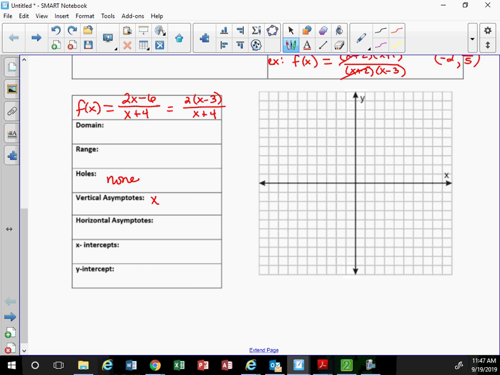X equals -4. And yes, we will draw a dotted line at -4. All right, what's my horizontal asymptote here? 2, so y equals 2.